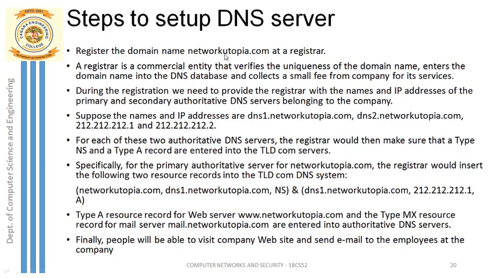So uniqueness is checked. It is like when you want your own Gmail account, they will check for uniqueness. If it is already used, then you have to change your username, right?